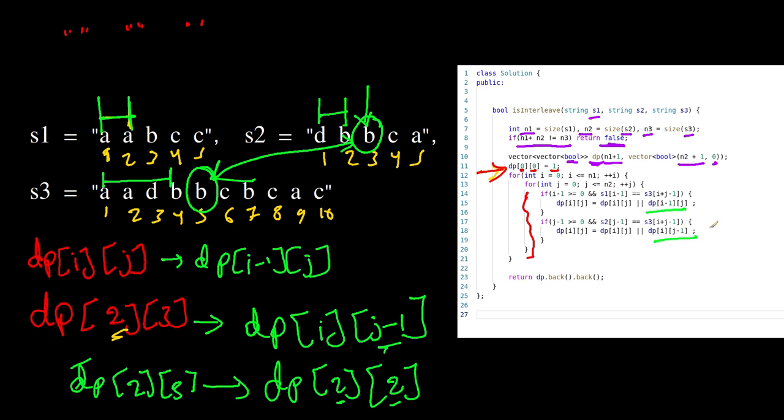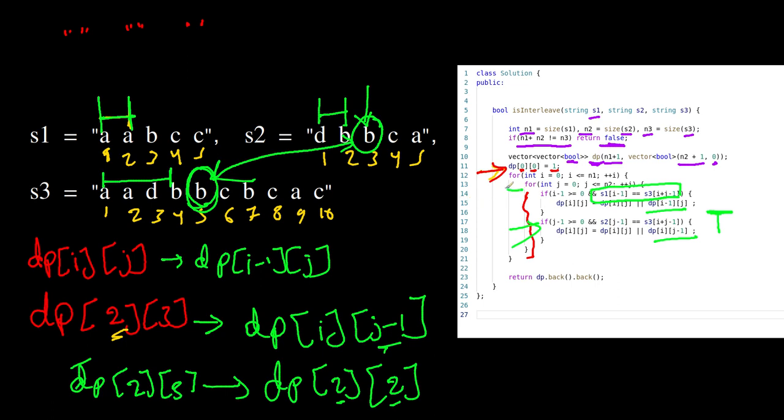If any of these two values is true, that means the answer for dp of i, j will be true. And don't forget this condition. We check if s1 of i minus 1 equals the last character of s3 in the substring, which is this one. And in this case we check if s2 of j minus 1 equals the last character.